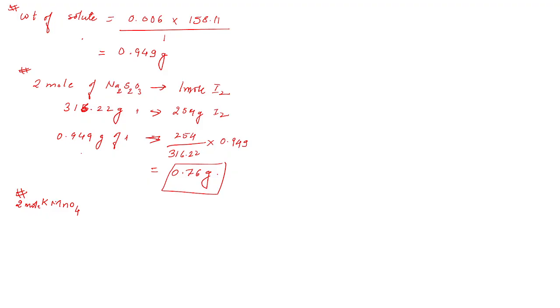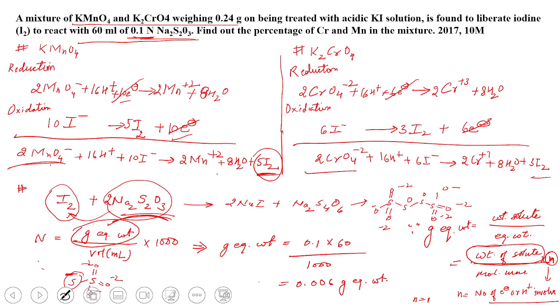Now we don't know the amounts in the equation, so we can write x gram of KMnO4 is there and y gram of the other is there, and when we add them, it is going to give you 0.76 gram, right?